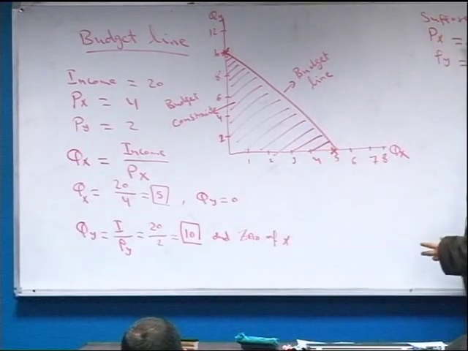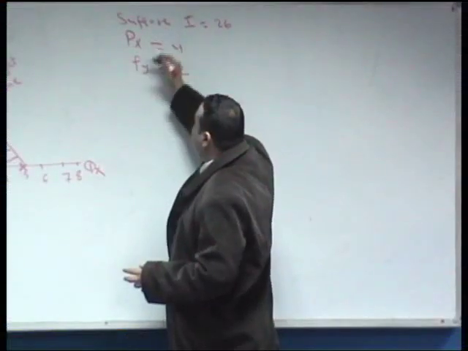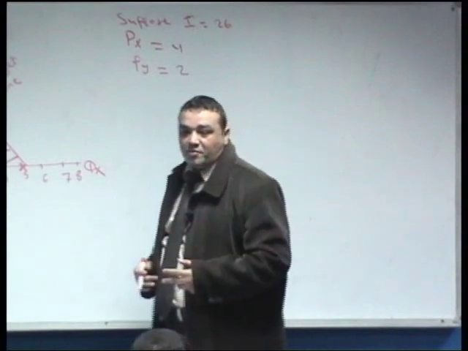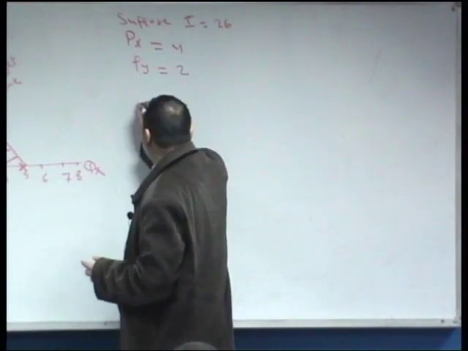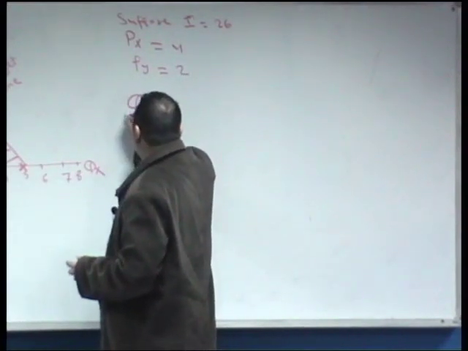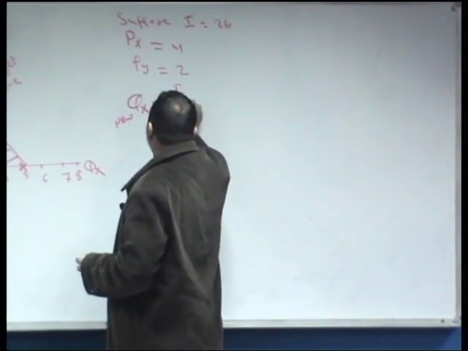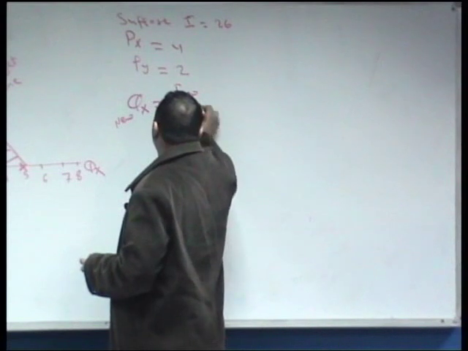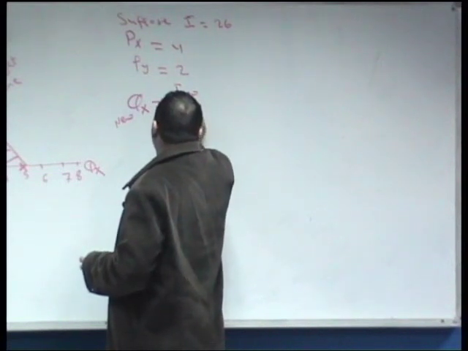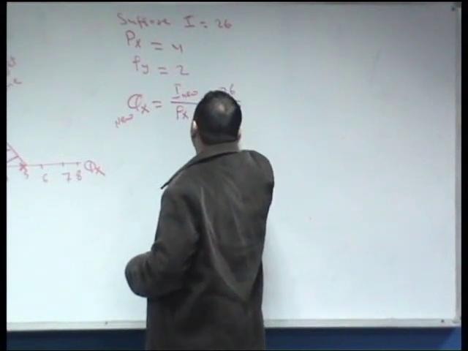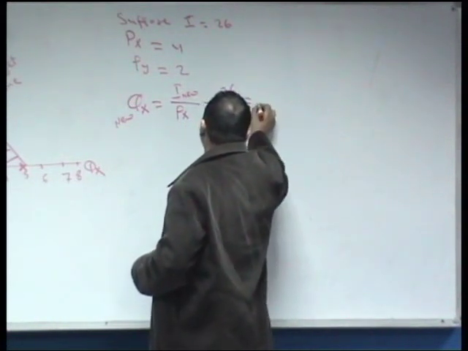As you see, when income increased to 26 and the price of X is constant, we have a new quantity of X. So the new quantity of X equals the new I over the price of X. How much? 26 over 4. 6.5.